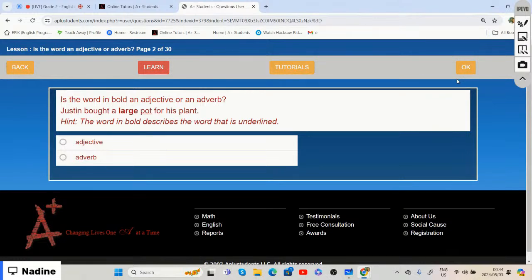Justin bought a large pot for his plant. So a large pot for his plant. We need to say if large is an adjective or an adverb.